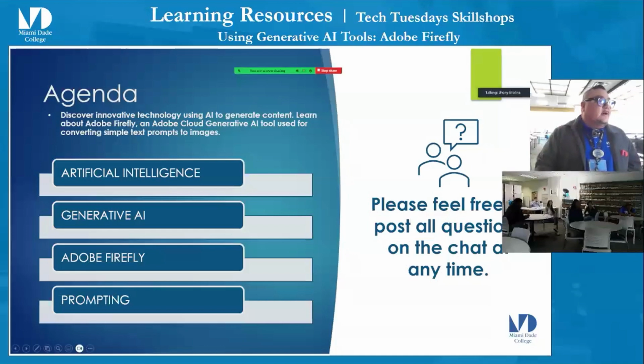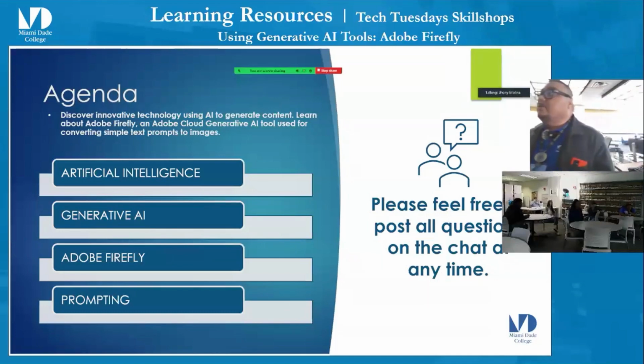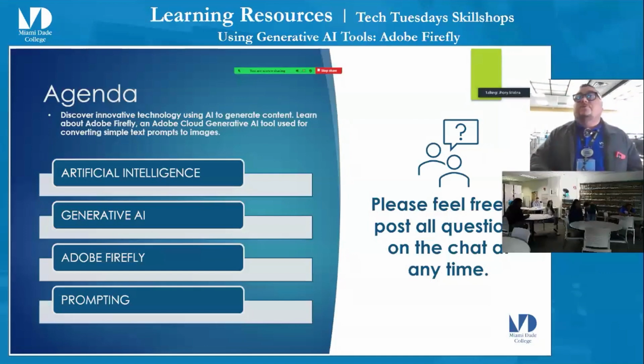Okay, then we'll talk about Adobe Firefly and the prompting. Prompting is what plays a key role when it comes to AI, because that's how you're going to be interacting with most generative AI tools, through natural language. The AI tools will be able to convert the instructions you give through prompting into the content that you're wanting to create. And the more detail you give the AI, the better it performs. We're going to find out a little bit too, because it depends on the AI tool that you're using.